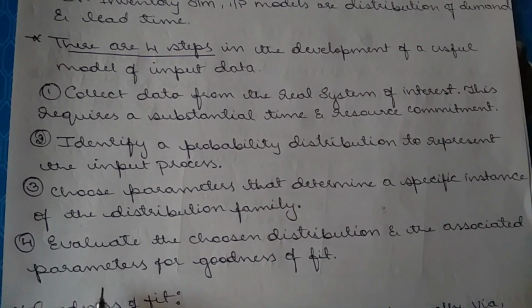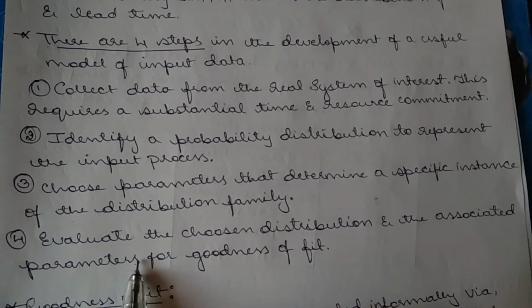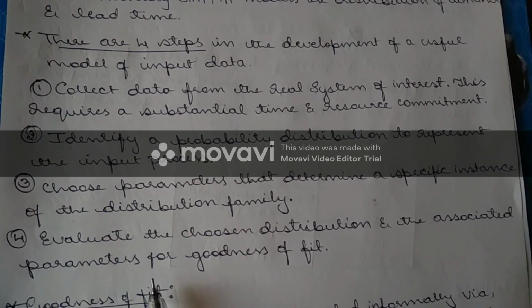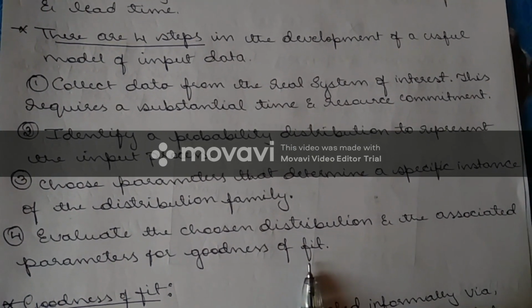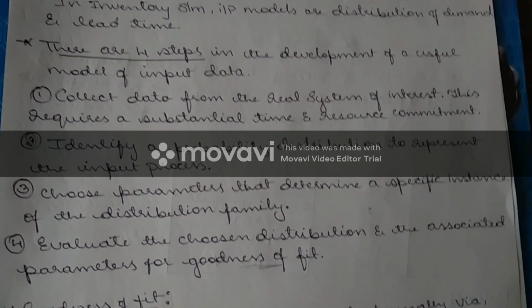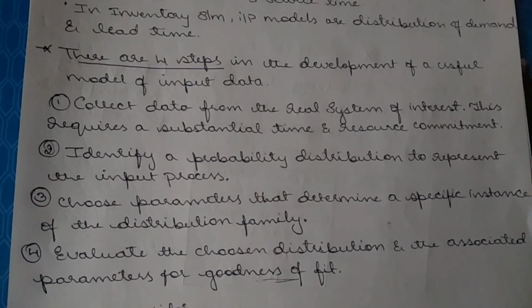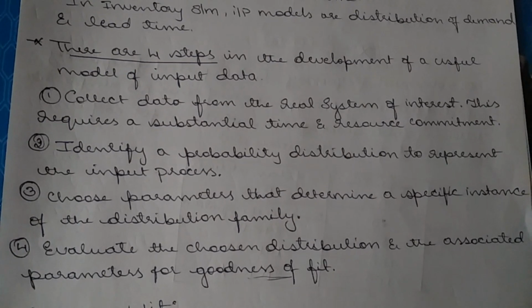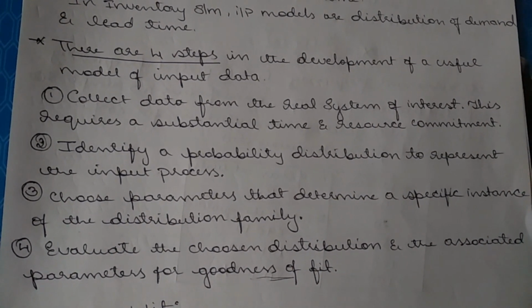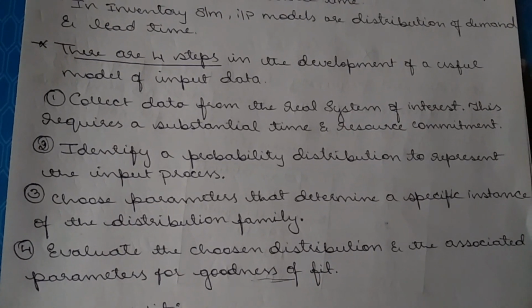You have to decide. Next, the last and final step is to evaluate the chosen distribution and the associated parameters for goodness of fit. This is very important. Goodness of fit, what do you mean by this? Whether it is good enough to satisfy all the requirements or not.